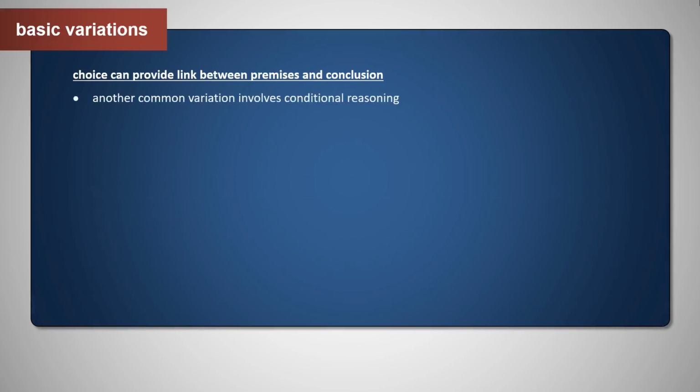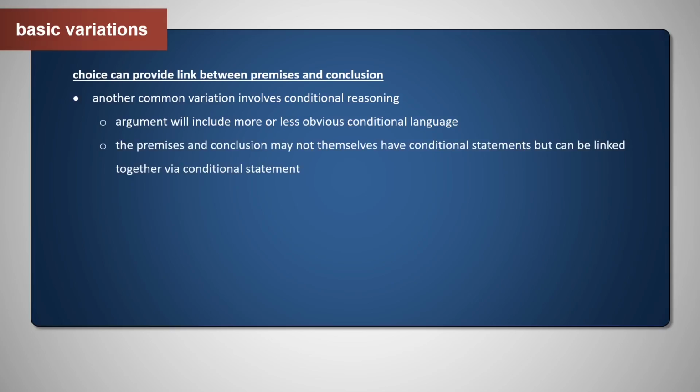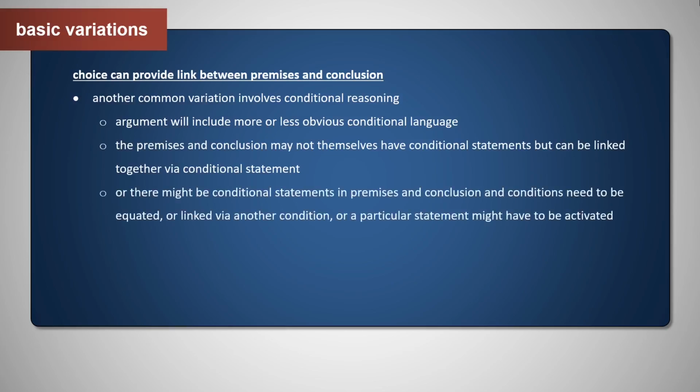Another common variation involves conditional reasoning. An argument will include more or less obvious conditional language, and the premise and conclusion may not themselves have conditional statements, but can be linked together via a conditional statement. Or there might be conditional statements in the premises and conclusion, and the conditions need to be equated or linked by another condition, or a particular statement might have to be activated if it's a conditional statement.